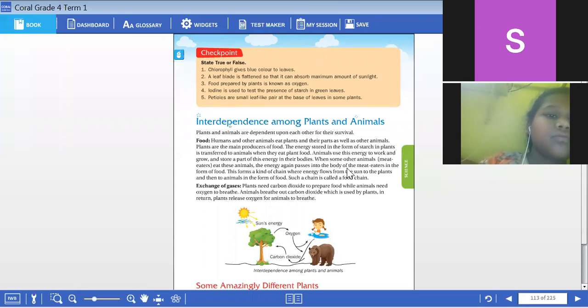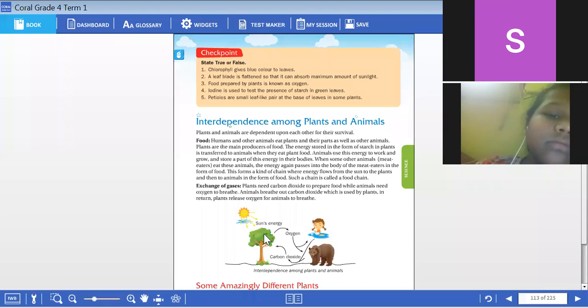When meat eaters eat other animals, the energy again passes into the body of the meat eaters in the form of food. This forms a kind of chain where energy flows from the sun to plants and then to animals in the form of food. Such a chain is called a food chain.